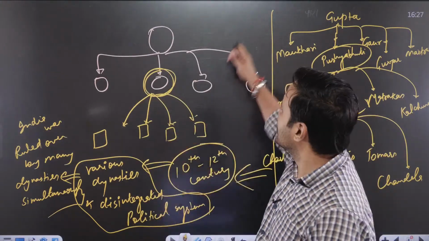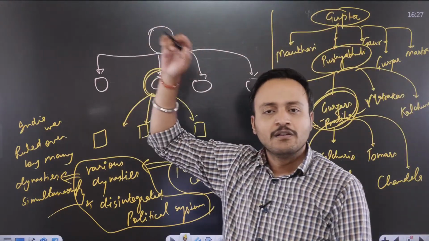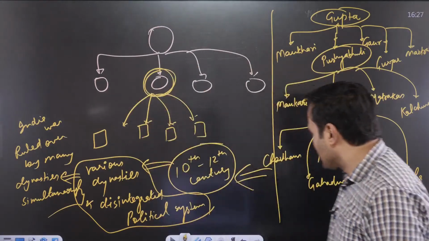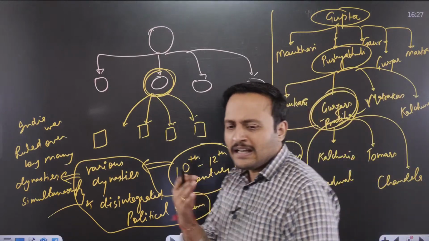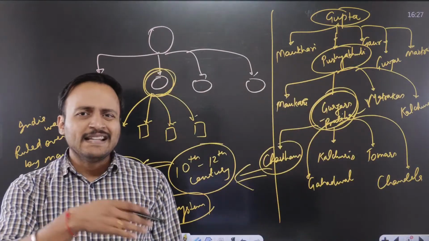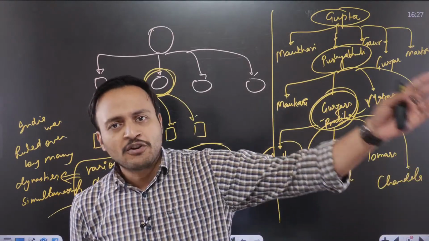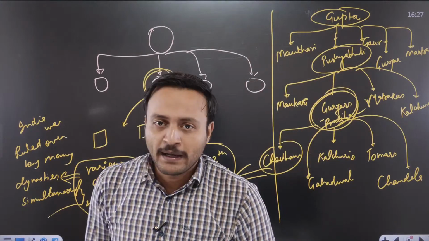Therefore, the Guptas were ruling almost all over the country with the help of their subordinates, whereas the ultimate stage will be there when only in northern India there will be tens and twenties of ruling dynasties spread all over, ranging from Hindu Kush up to the Bay of Bengal.